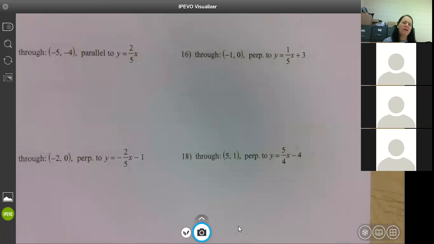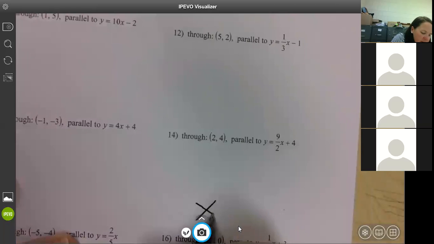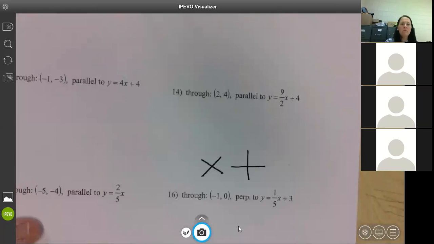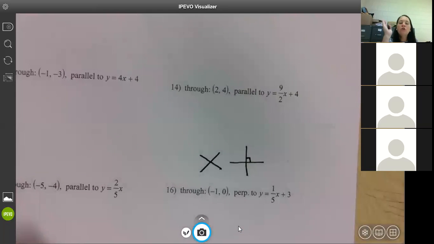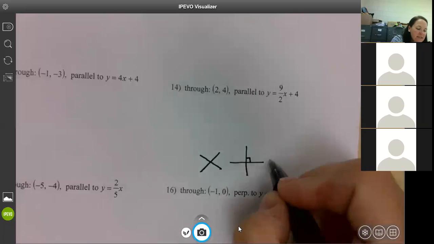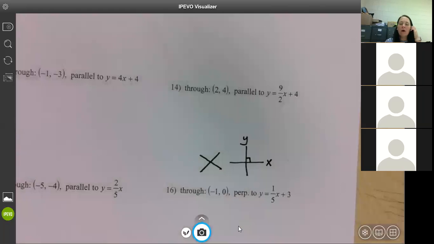Do they make like an X like this, or do they make like a T like this? T. Yes. So they make 90-degree angles. So if you look at this as the X axis and the Y axis, they are opposites of each other.